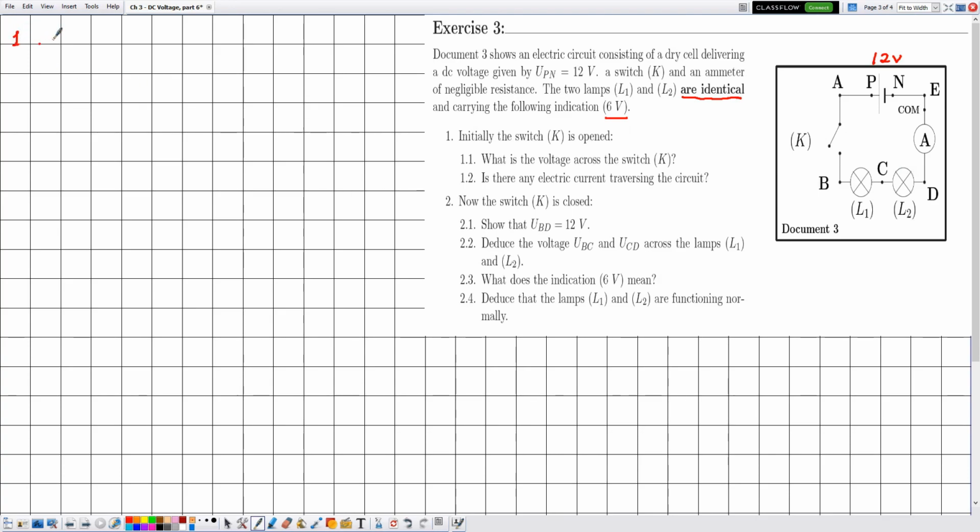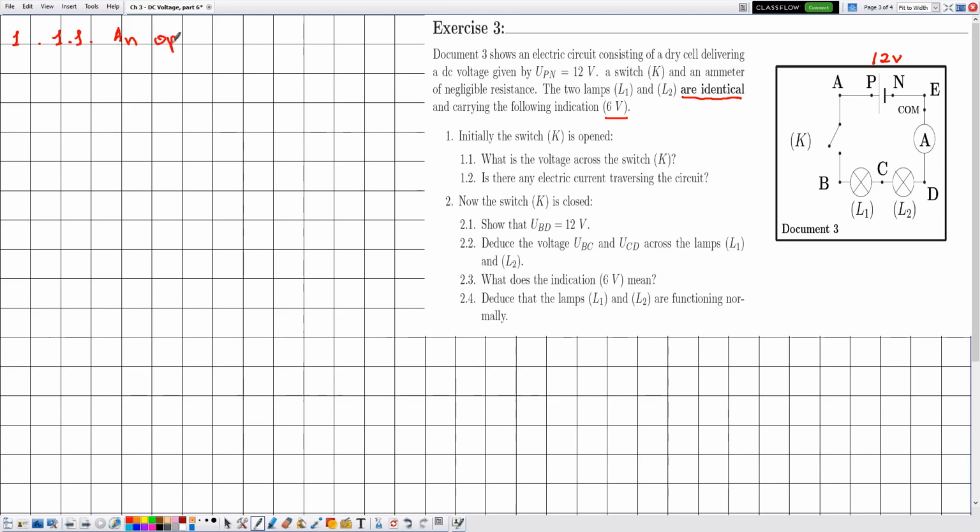Now in number 1.1, they are telling me what is the voltage across the switch K. Notice that here K is an open switch because they told me that initially the switch K is open, and we know that an open switch in series with the battery has the same voltage of the battery, which is given by 12 volts.